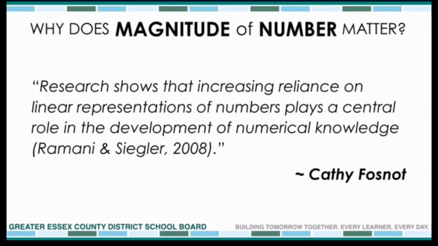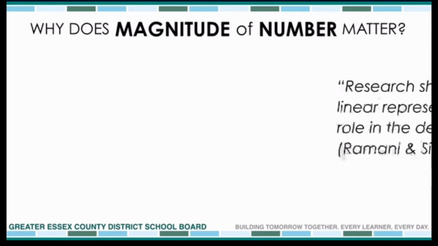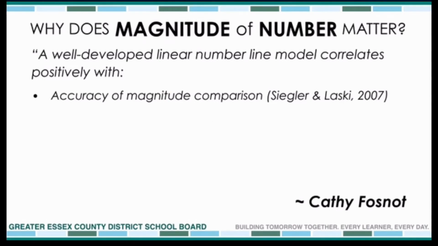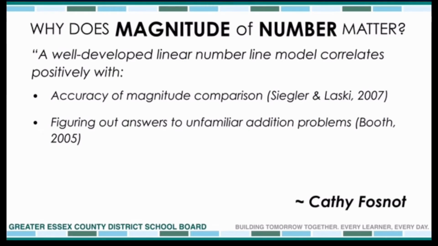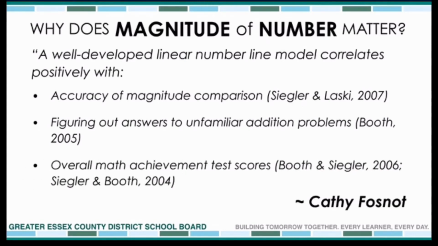And in fact, Kathy Fosnot, an educator and researcher of how children learn mathematics, goes on to explain that developing our understanding of magnitude of number using linear number line models correlates positively with accuracy of magnitude comparison, like when students must determine how much more or how much less one quantity is than another, or figuring out answers to unfamiliar addition problems, and overall math achievement test scores. Now, as I'm sure you'd agree, there's something to this idea of magnitude, and using linear models is a helpful way to help students build that understanding.